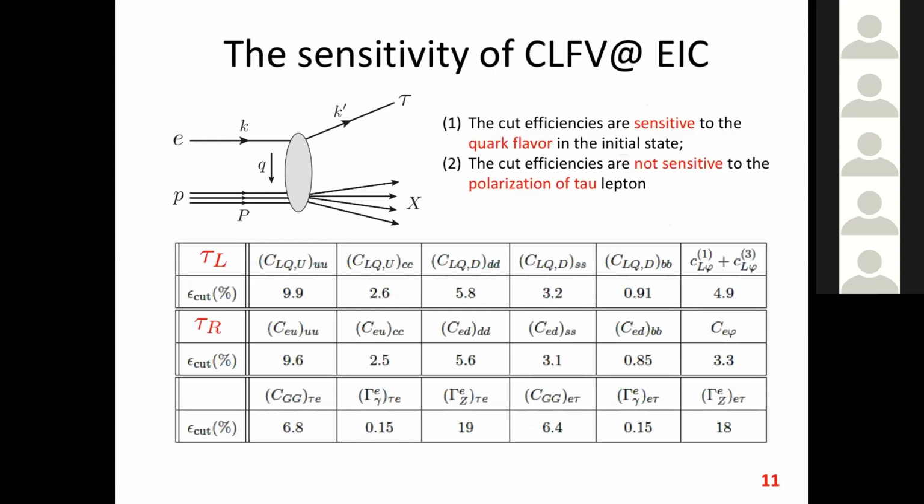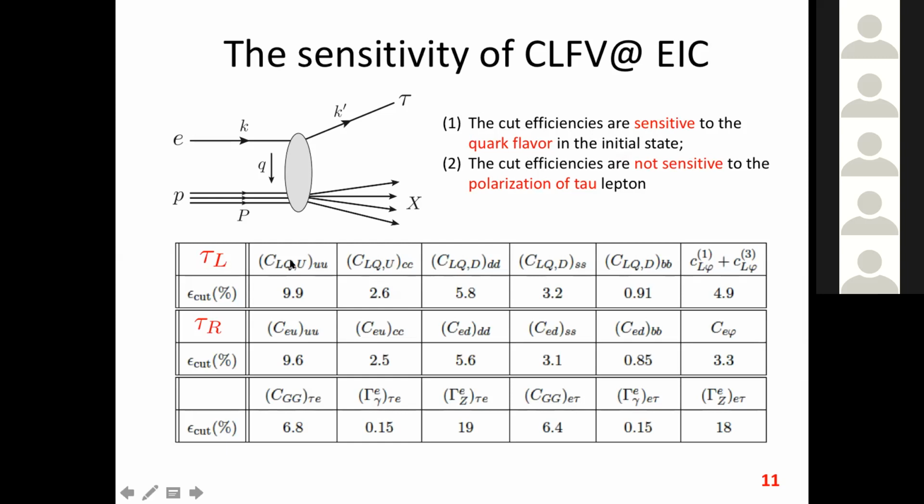After the improved cuts, we could get the cut efficiency, which is a very, very important number which we use to constrain the operators. The conclusion is that the cut efficiency is sensitive to the quark flavor in the initial state, because the u and d quarks could generate a large PT of the jet, but for the b and c quarks the PT is small.